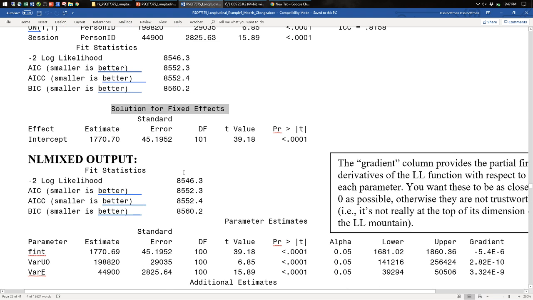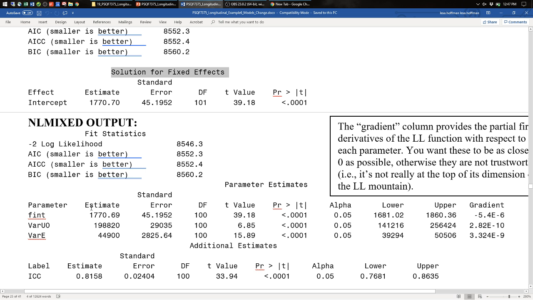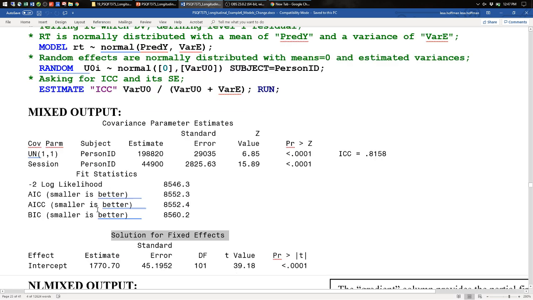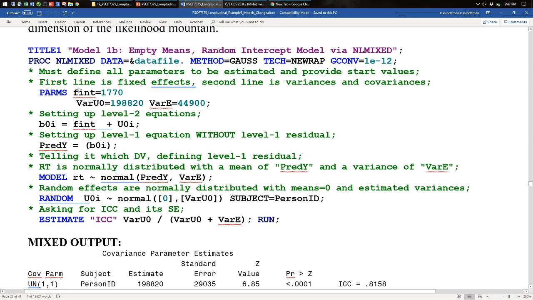In NLMIXED, it just dumps them together. So the output shows up in one table, regardless of whether it's a fixed effect or some kind of variance, and it's in the order in which you listed them on this PARMS statement.